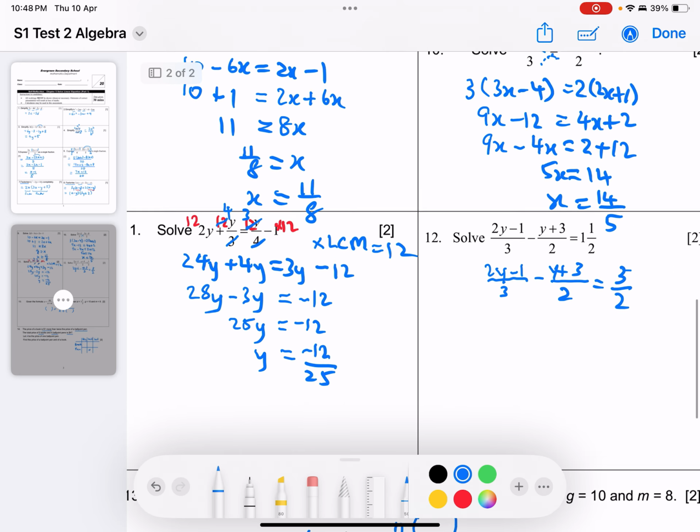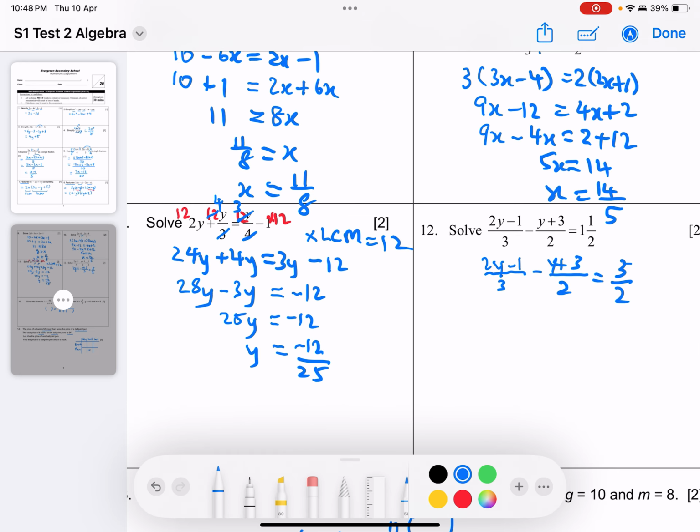Okay, once again, we have separate fractions. So once again, we will need to multiply by the LCM. Now, before we do that, it is good to write the mixed fraction into an improper fraction. We don't work with mixed fraction, so we use improper.